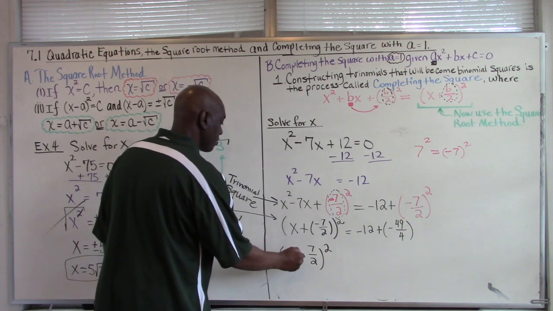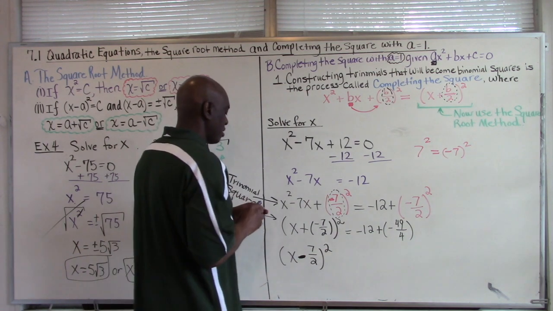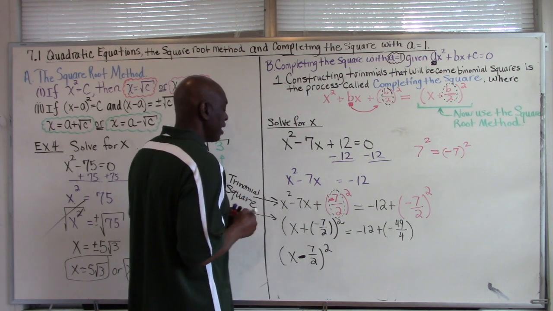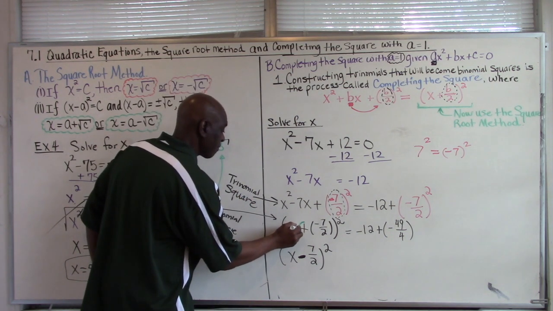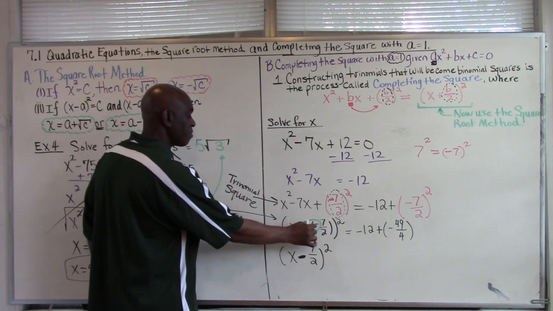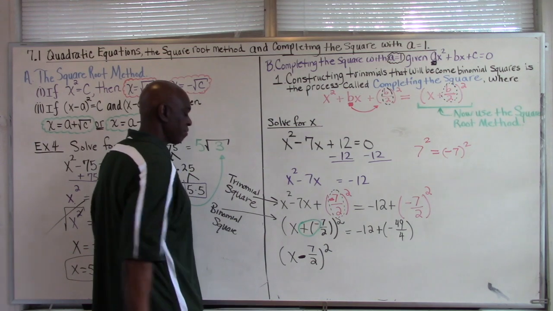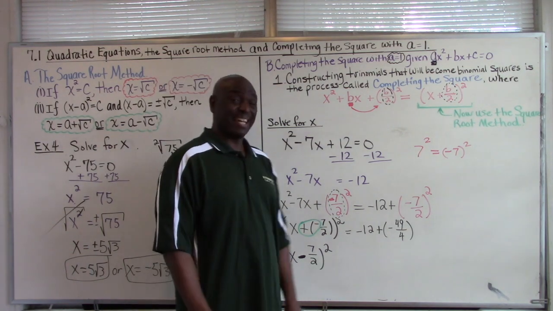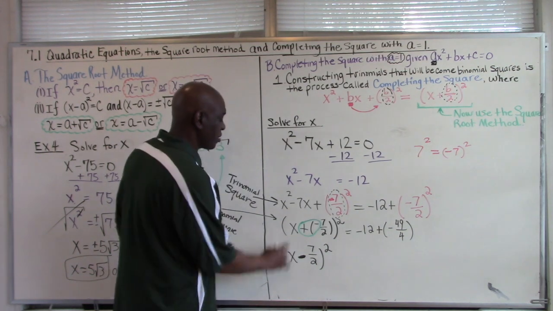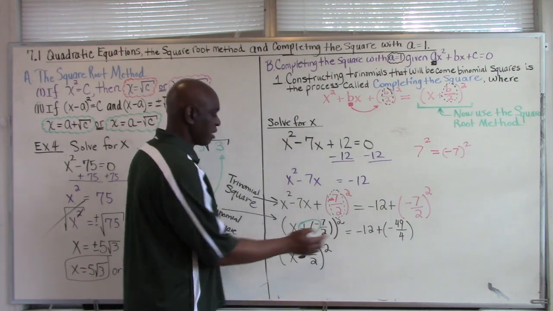Why is it minus? All right, it's minus because, watch this, whenever you have a positive times a negative, that is a negative. And I guess that's why it was important for us to write the negative sign right there, because a positive times a negative is a negative.